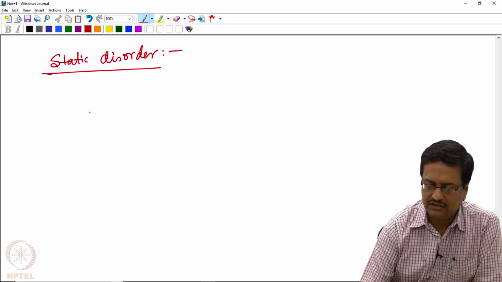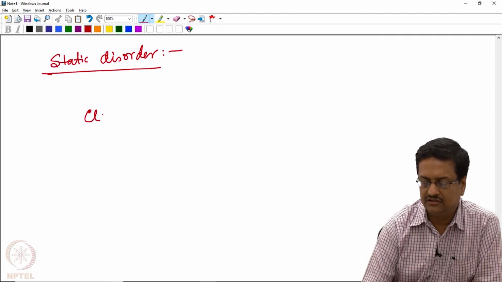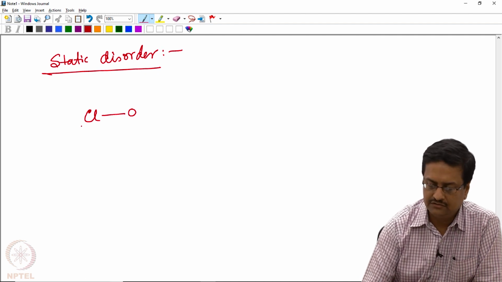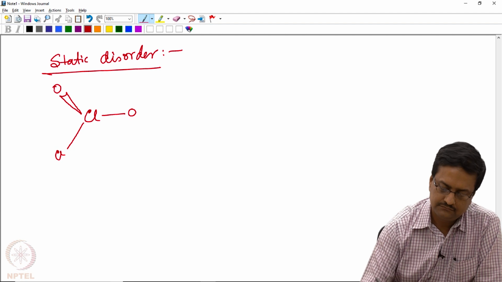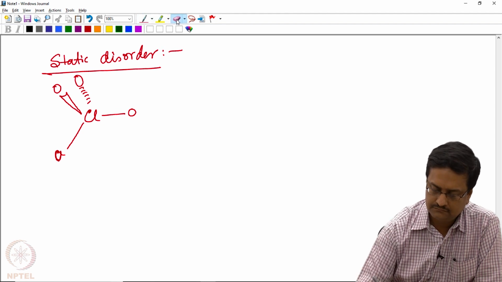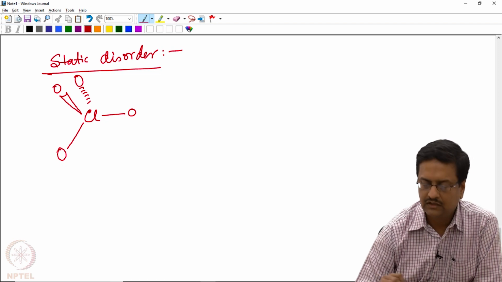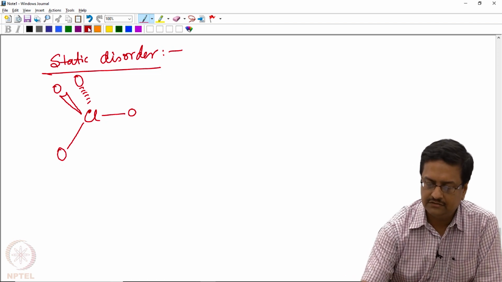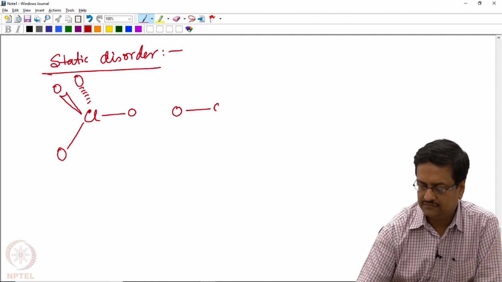It may so happen that in the structure at some equivalent position, the perchlorate anion is oriented like this, and in another site the same perchlorate is oriented like this.